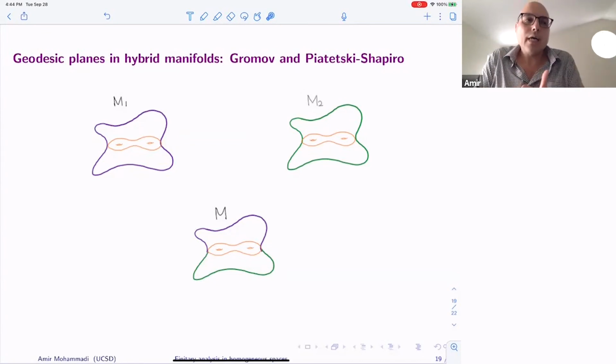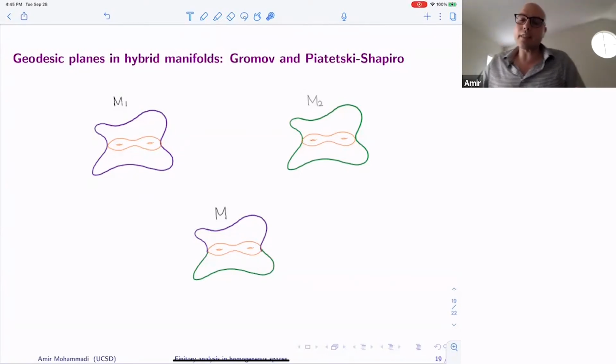But SL2(R) has many, many non-arithmetic lattices. There is a whole Teichmüller space for it. The same is true for SO(n,1) for all n's. There is no Teichmüller space for it, but there are non-arithmetic lattices. And explicit examples were constructed by Gromov and Piatetski-Shapiro.